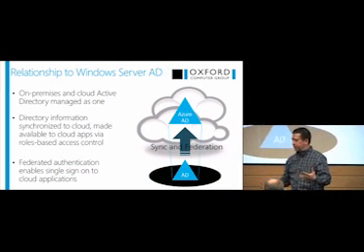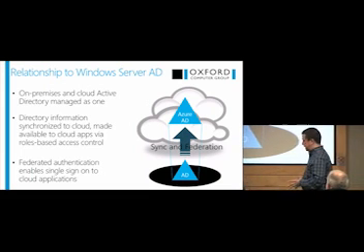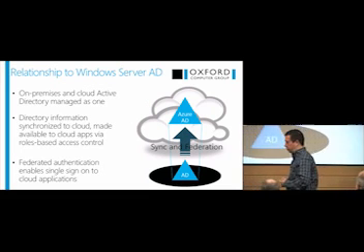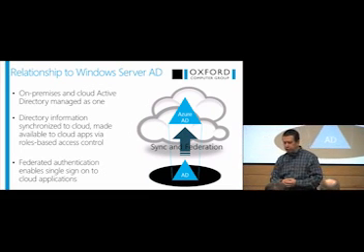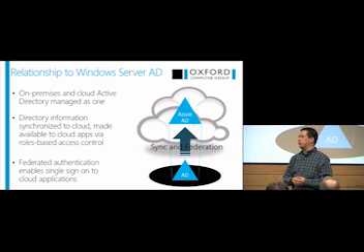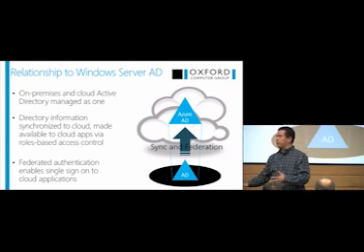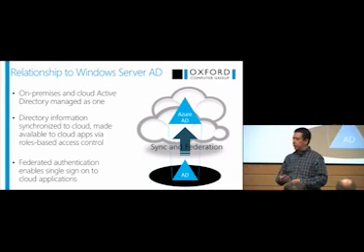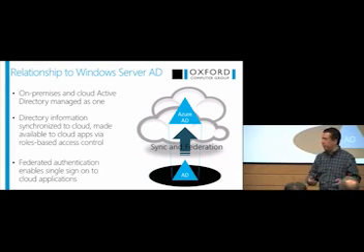The arrow will be bidirectional. We can't tell you when exactly, but we have seen some very interesting scenarios that we're working on. One is self-service group management. Today, to do self-service group management with Active Directory, you need to install some on-premises software that will do the workflows and manage all of that. Setting all of that up, making it highly available, and tending to it is some effort on your part.